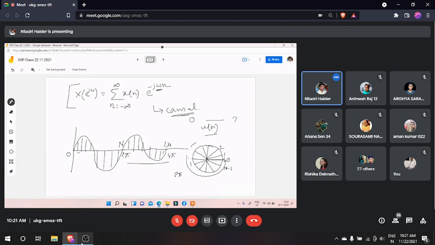Then if this is your value ω, that is the angular frequency, that ω you get for this range from 0 to 1 for the single sample. And what is the size of this single sample? Can you tell me?